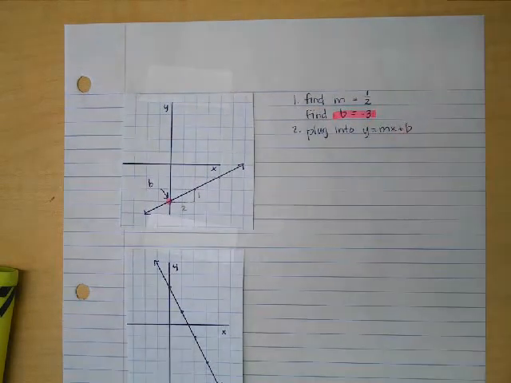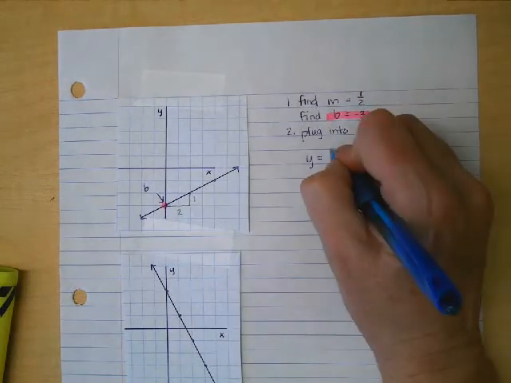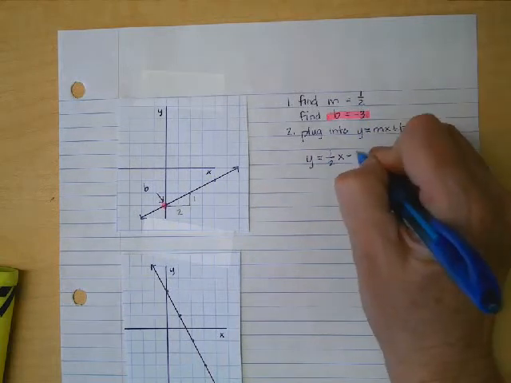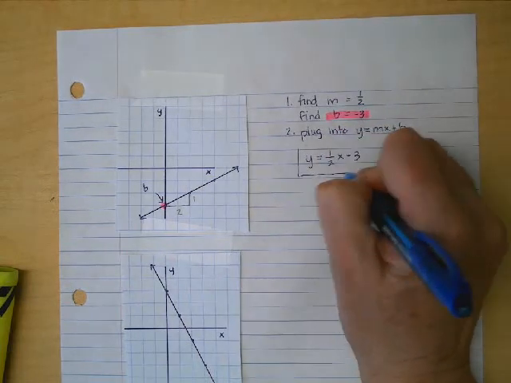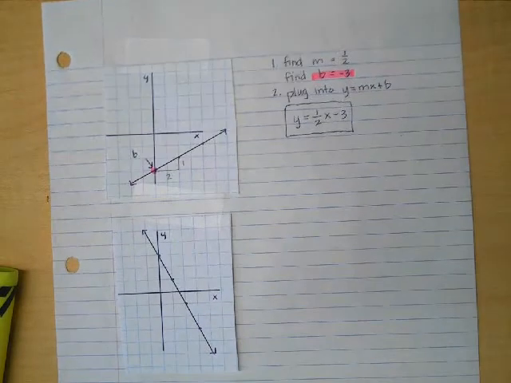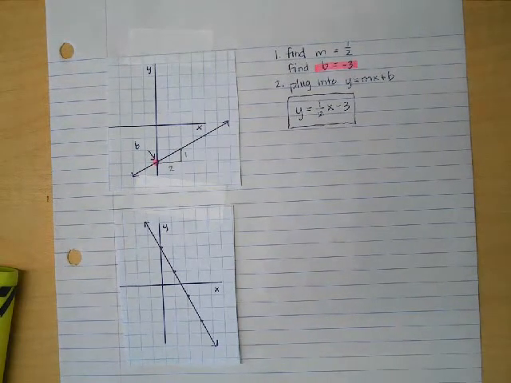Just like we did before, I'm going to plug in: y equals mx, and now plus a negative is just -3. Ta-da! Hopefully you're going, hey, this stuff's not too bad.